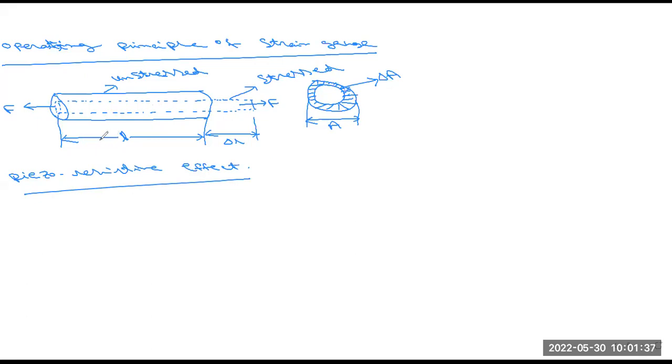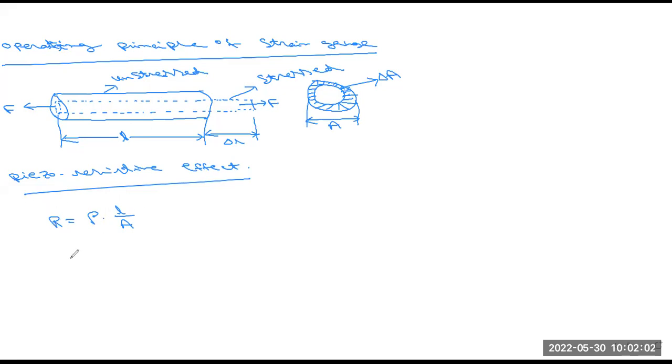Okay, so for the resistance of the unstrained conductor, we express here R is equal to rho into L by A. Here the length and also the area change when force is applied.